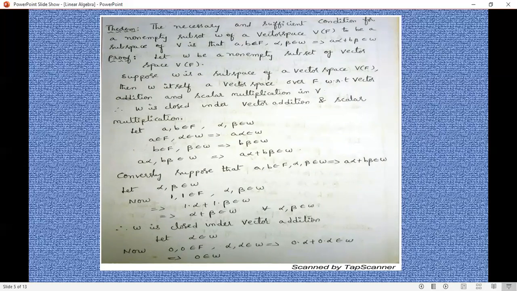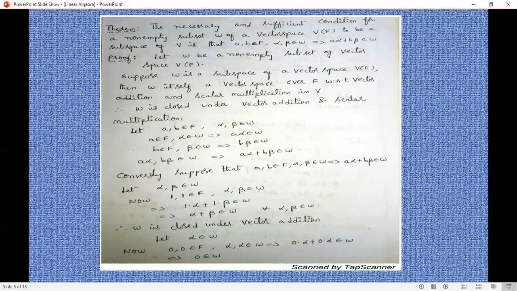That means in vector spaces, the second property, the scalar multiplication: a belongs to F, alpha belongs to W implies a alpha belongs to W. Similarly, b belongs to F, beta belongs to W implies b beta belongs to W. Now we are considering a alpha, b beta belongs to W implies a alpha plus b beta belongs to W, since W is a subspace of V over F, that means W itself is a vector space. Therefore, (W, +) is an abelian group. That means (W, +) satisfies the closure property.